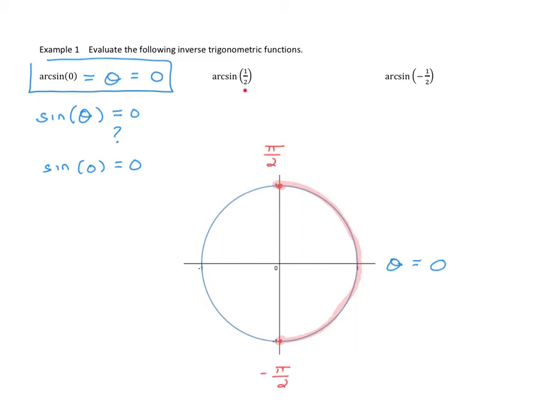Let's try this for arc sine of a half. Again, the answer is going to be some angle, and that angle is between negative pi over 2 and pi over 2. This is equivalent to asking, sine of what angle is equal to a half? Knowing a few important angles that fall in the first quadrant is going to be very helpful here.